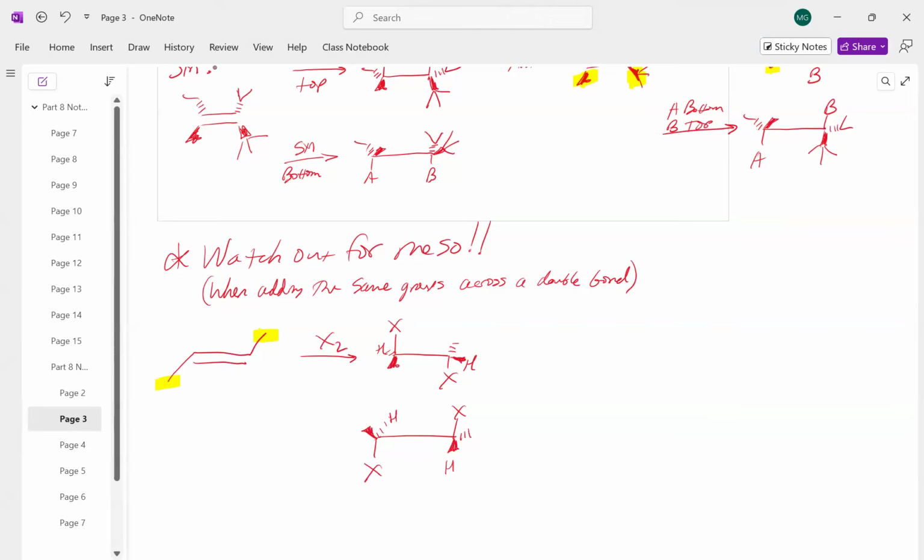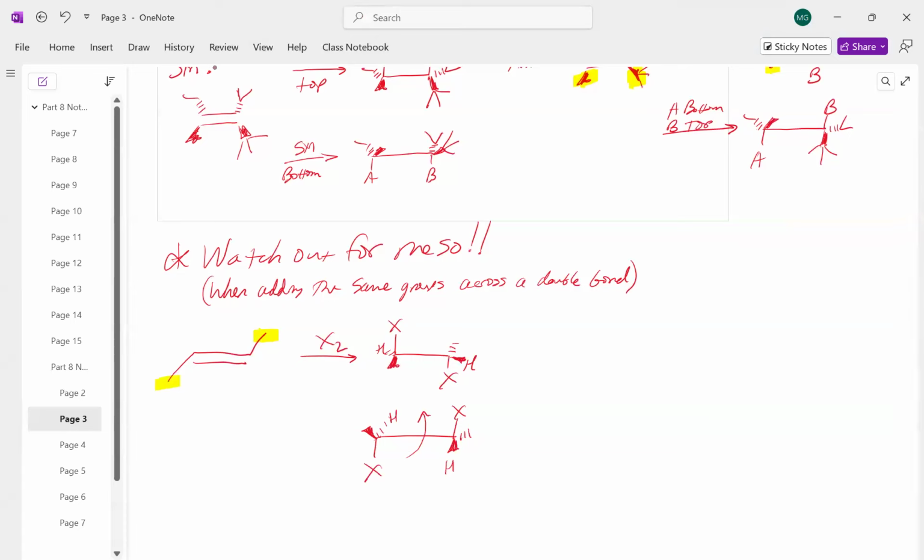Okay, now you might draw this on an exam and just say, okay, great, those must be enantiomers. But I want you to look very closely. This is something you always have to deal with. When you add the same group across the double bond, you need to look for symmetry. And if it's not in a ring, you have to remember these bonds are capable of being rotated around.